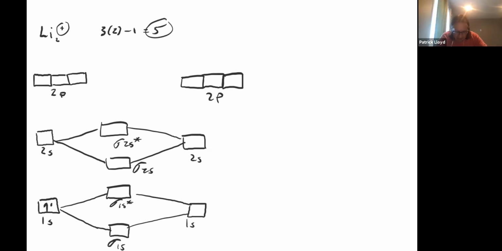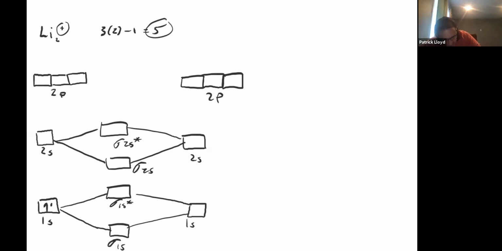Okay, so now we do the Aufbau principle. We got 4 electrons here. So they go into here, 1, 2, 3, 4. And then we only got 1 here, so it goes into there. So you've only got 5 electrons. So now let's do the configuration. Sigma 1s, and usually they put it on the outside like that. Oops, that's wrong, right?